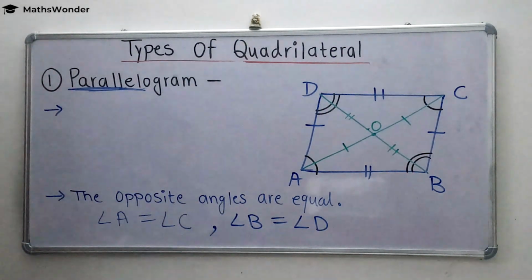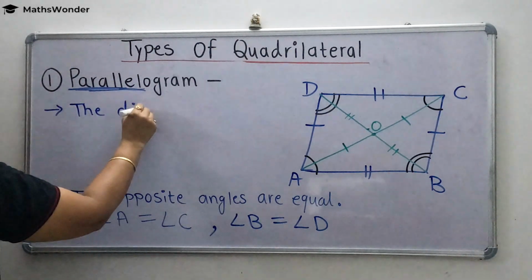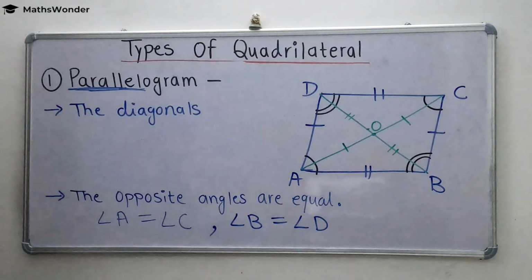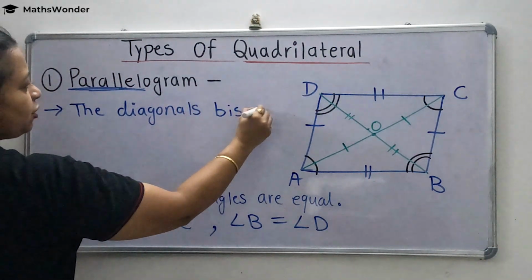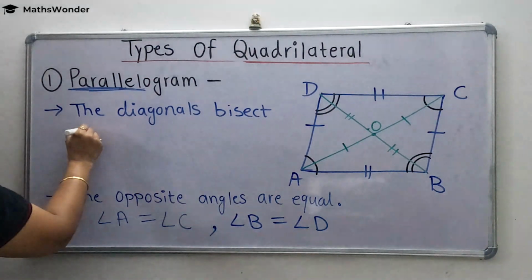Third is the diagonals bisect each other. What is the meaning of bisect? Bi means two, sect means divide or part. So the diagonals bisect each other.